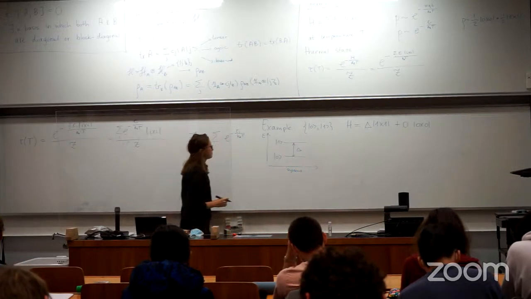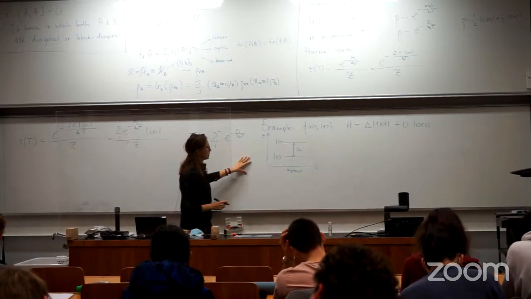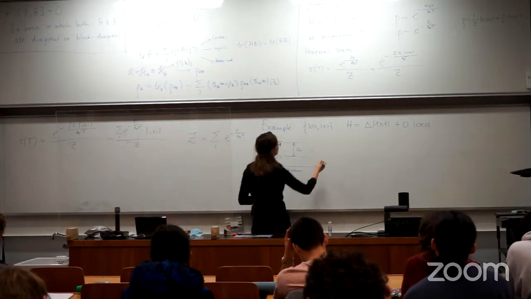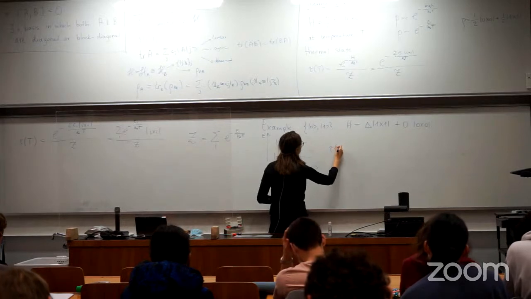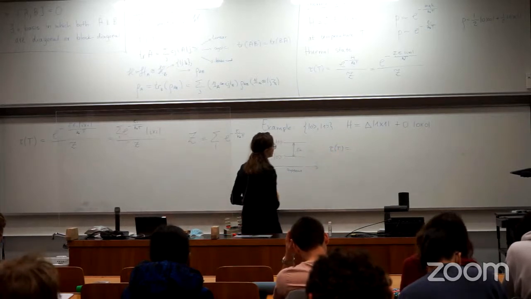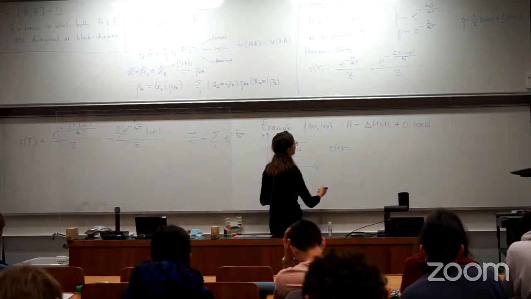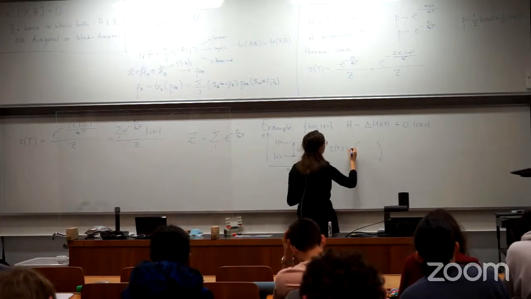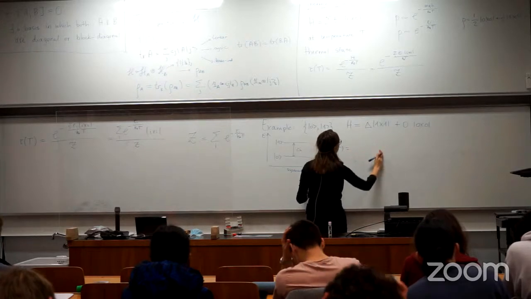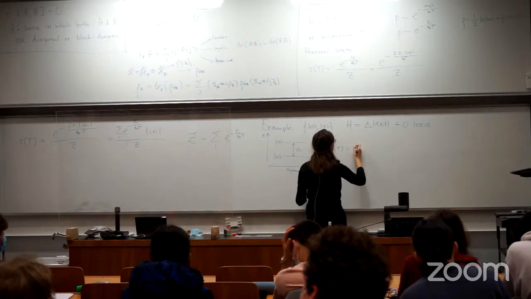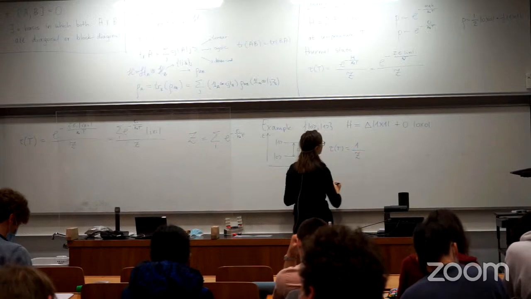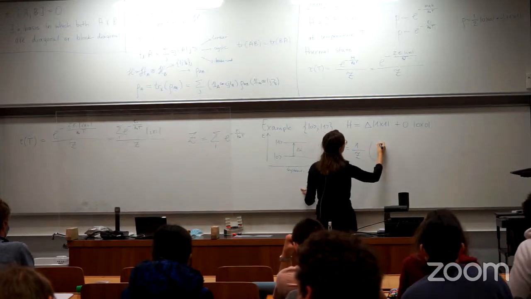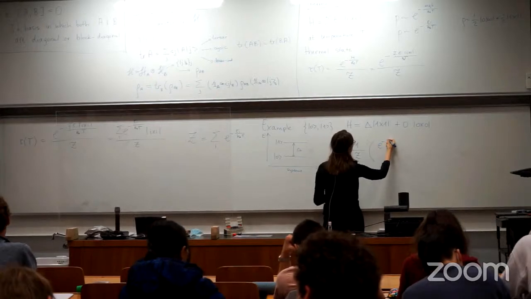Okay, and so for example, if we take the system and we write a thermal state at the temperature T, then we would get 1 over Z, just normalization. And here we would get e to the power minus 0 over kT.